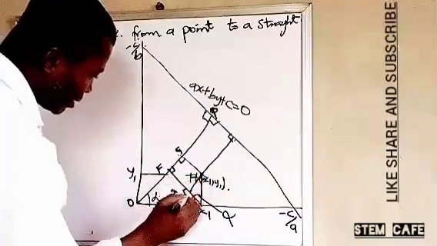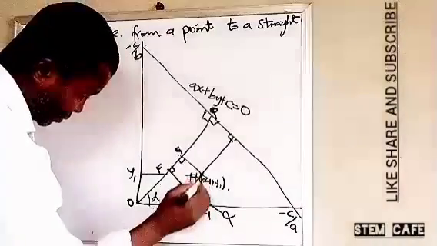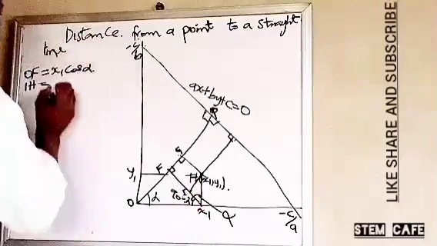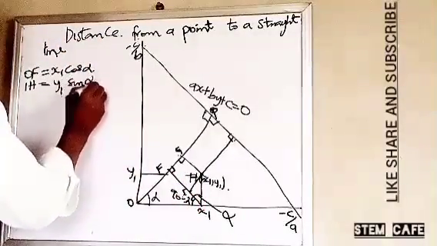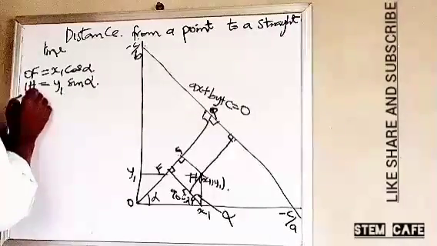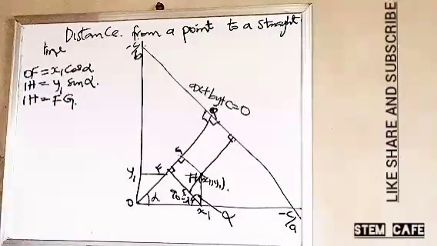looking at this triangle here, you will see that y1 is the hypotenuse and IH is the opposite. It will be y1 sine alpha. And here, IH is equal to FG. You can see that IH is equal to FG straight.